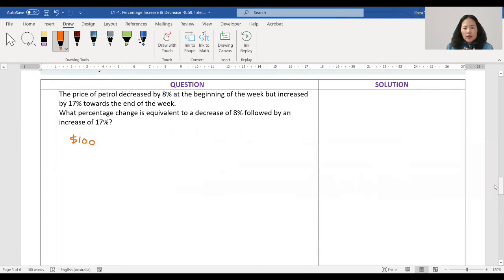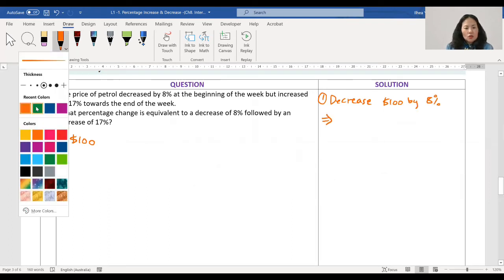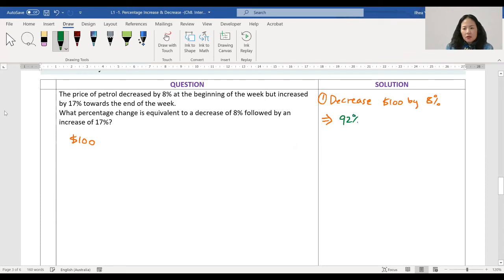First week, at the beginning, 8% decreased. So I'm going to go with the first one, decrease $100 by 8%. I'm just paying 92%, isn't it? 92% of $100. It's easy, $92. And then towards the end of the week, it's increased by 17%.